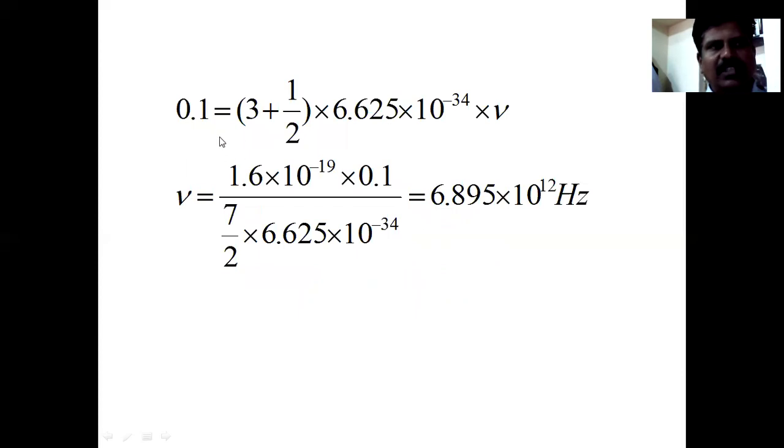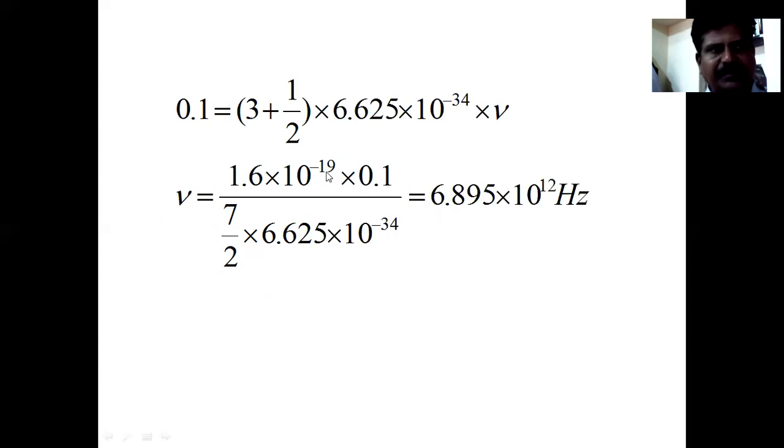So 0.1 equals 3 plus 1 by 2 into h nu, where the value of h is 6.625 into 10 to the power minus 34 joule second, into nu. Here we need to calculate the value of nu. So making nu the subject, nu is equal to 0.1 electron volt. In order to convert it into joules, you have to multiply by 1.6 into 10 to the power minus 19.